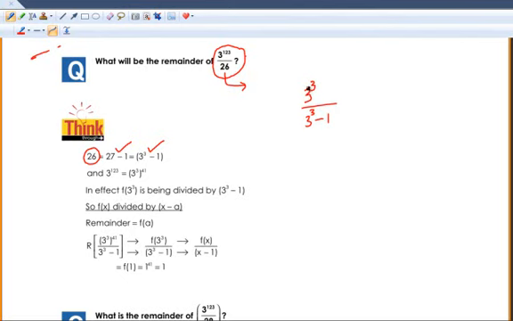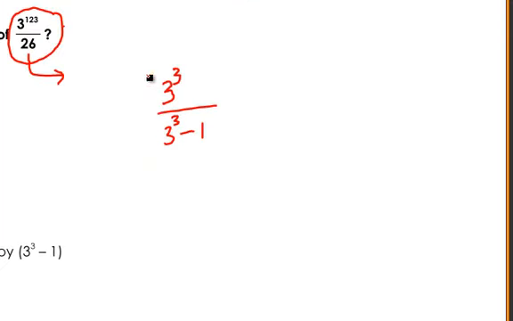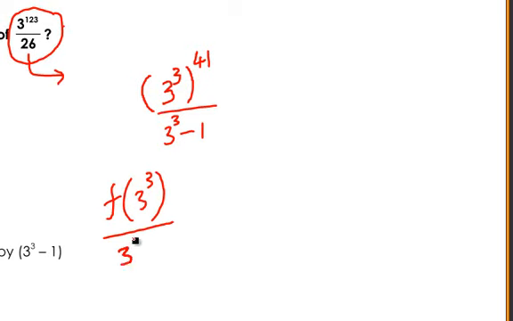So now we have to express this numerator as a function of 3 cube. 3 raised to 123 is nothing but 3 cube raised to 41, right? So in effect we have a function f of 3 cube being divided by 3 cube minus 1.